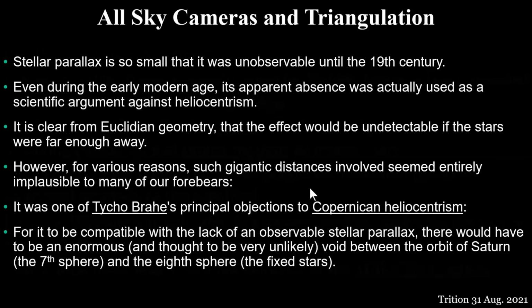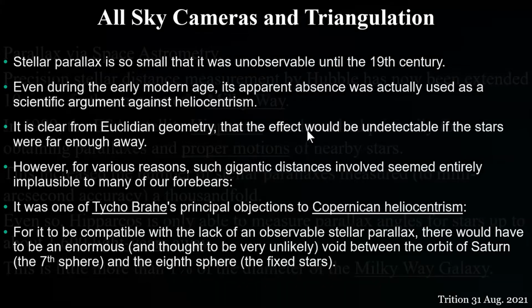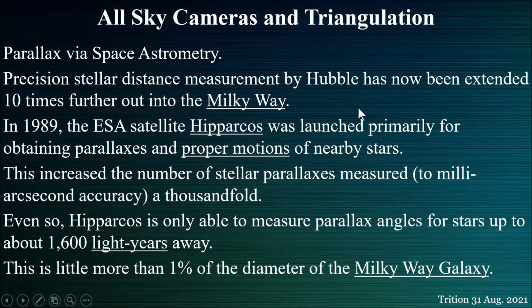Parallax is now measured on a very regular basis. Hubble made a lot of measurements personally, and now very important stepping stones like Hipparcos, the European Space Agency satellite, primarily measure both parallaxes and proper motions of the nearby stars, and this has increased the number of accurate measurements tenfold in the last 20 years, 30 years, sorry, since Hipparcos was launched.